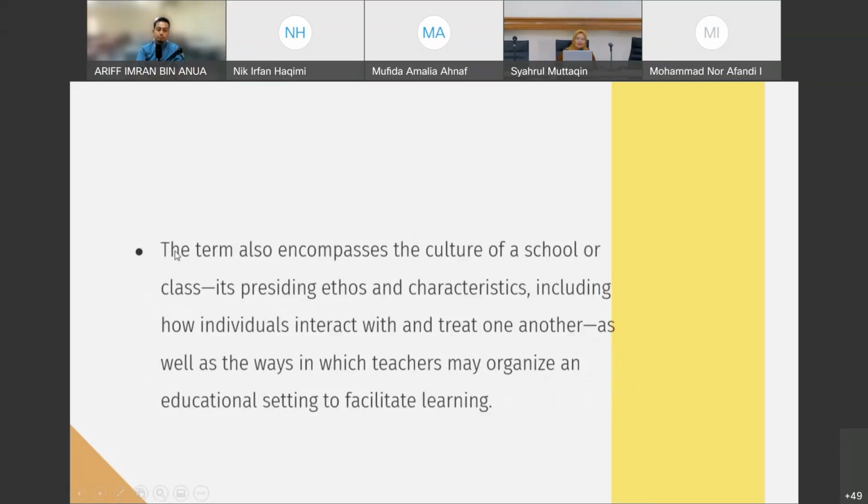And then the term learning environment also encompasses the culture of a school or class, its presiding ethos and characteristics, including how individuals interact with and treat one another, as well as the ways in which teachers may organize an educational setting to facilitate learning. That is why there are many kinds of things that encompass, and also influence, the learning environments.